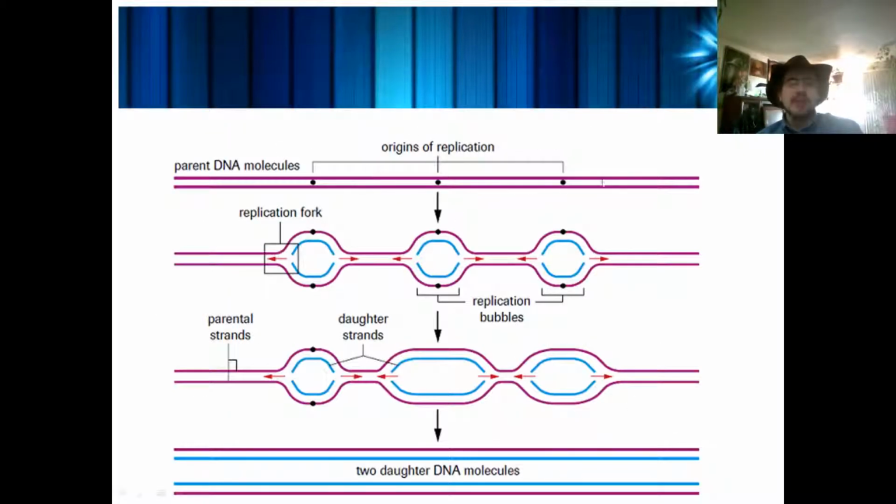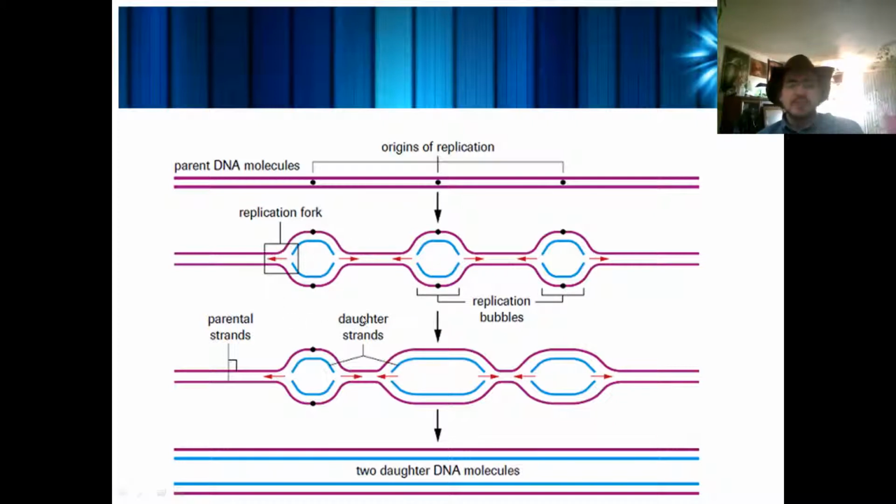So here's our parent DNA, and each of these dots is an origin of replication. And the DNA helicases bind, and you can see the arrows going either way, showing which direction these helicases are moving. So we have helicase going either way from every origin. And then this blue is where the DNA polymerases are making new DNA.